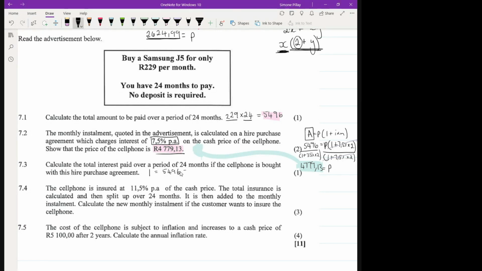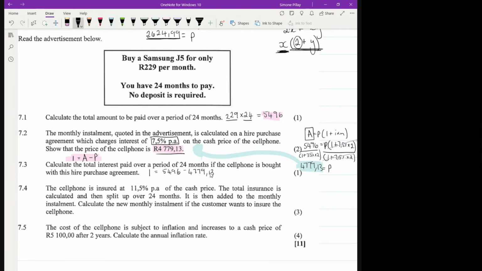So let me actually do it here. My interest amount is going to be my A value, so your future value less your P value. If you need to calculate the interest, this is what you are going to do: take your future value and subtract your present value. So my future value was 5,496 minus 4,779 Rand 13 cents.